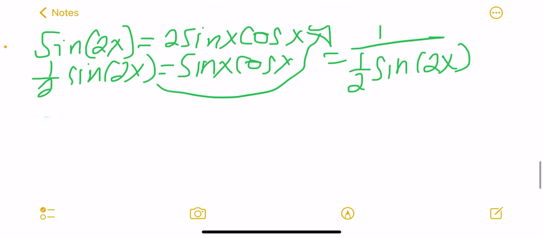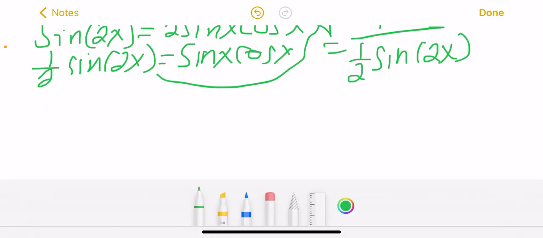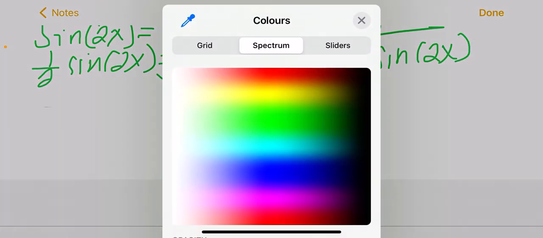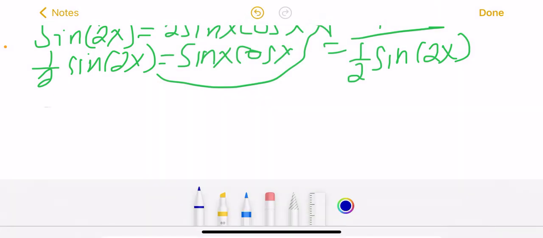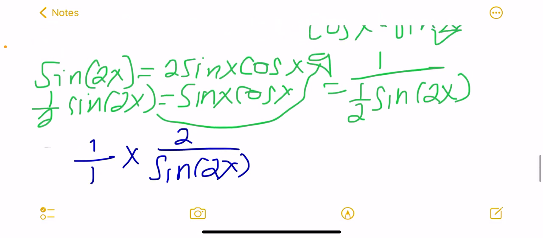Okay, still we can simplify it more and more. Let's keep going. This means we can simplify it by saying 1 over 1 multiplied by 2 over sine 2x. Okay, this is coming from 1 over half sine 2x.